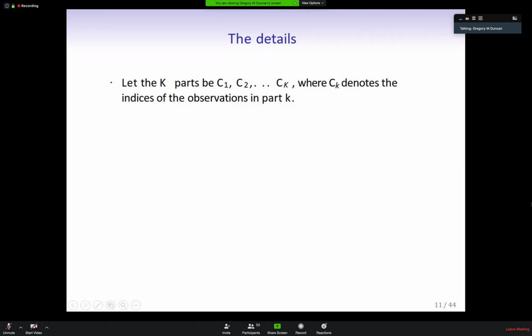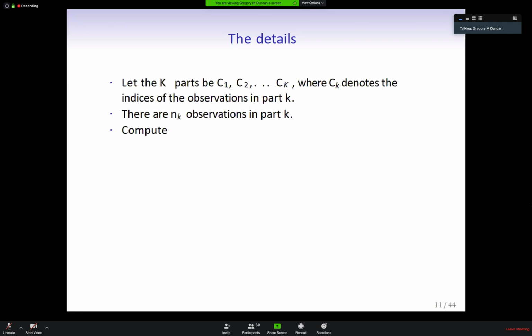The indices in the second part are C2, and so on. There are nk observations in part k. Now, why aren't there 100? Well, if you have a big N that is a multiple of the number of parts, it works out fine.